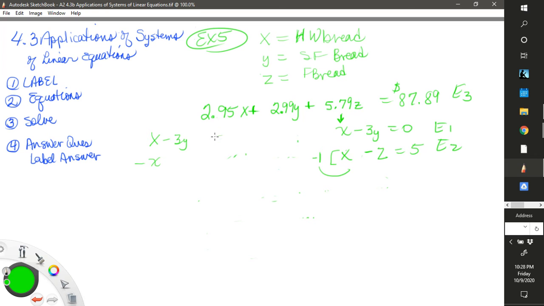I've got to line up my like terms. -1 times the negative z gives me a positive z, and that equals -5. Okay. Cancel, cancel, and I get a -3y plus z equals -5. That is my equation 4.